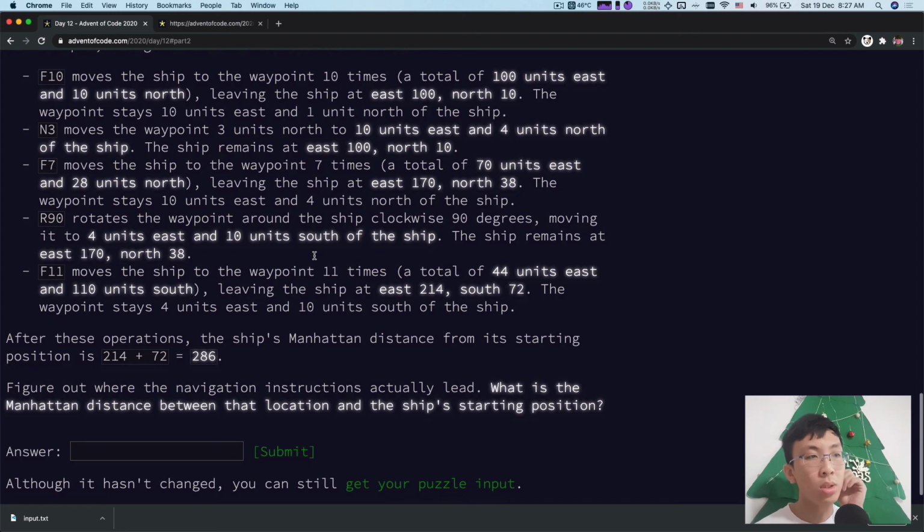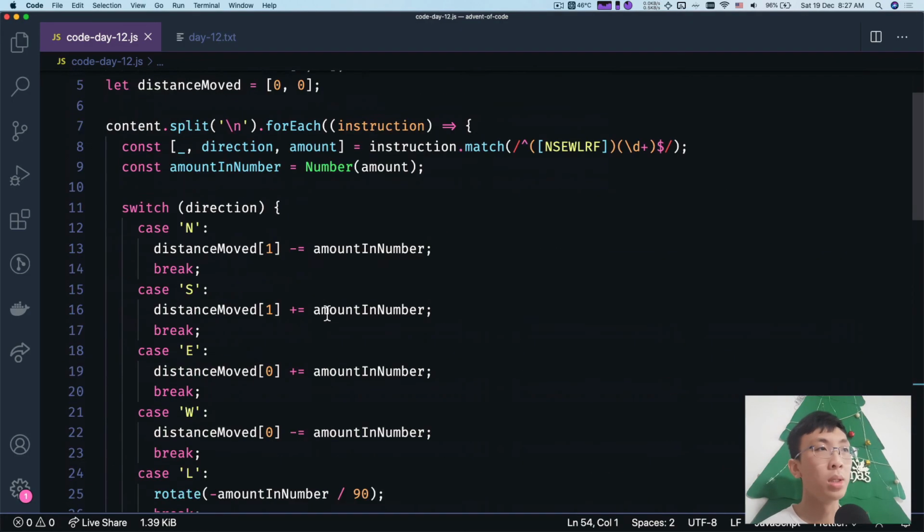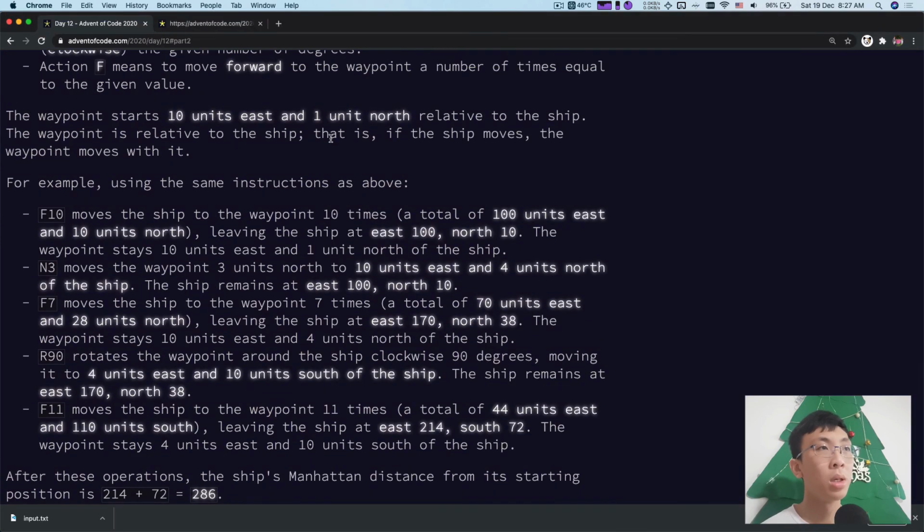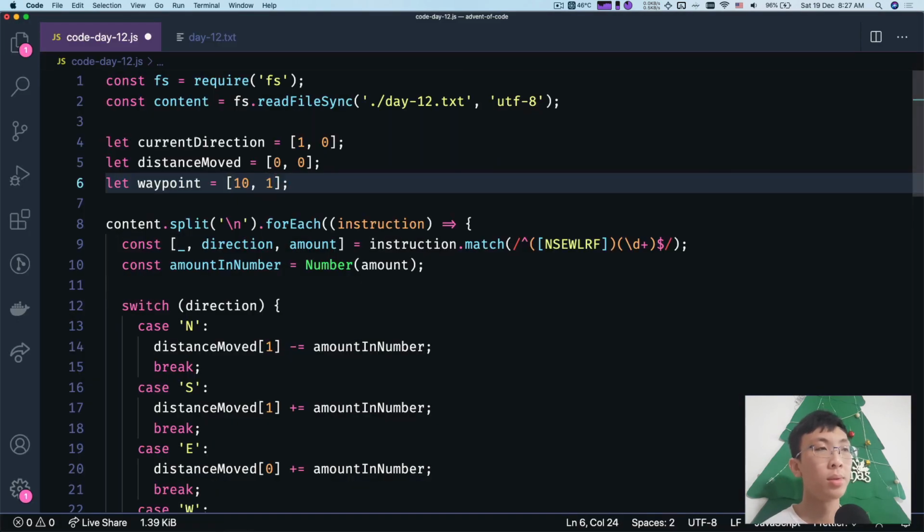So after these operations, the ship's Manhattan distance from its starting position is this, and again we are going to find the Manhattan distance between the location and the starting position. So we need another array, which is the waypoint, and it starts with 10 units to the east and 1 unit to the north.